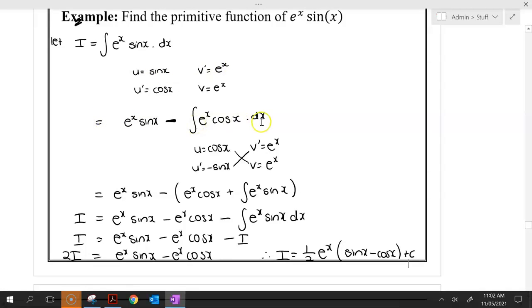So after I integrate by parts, I repeat the process. Since I chose v dash as e to the x, do that again. Don't mix it up. Go again. Now I've got the original integral. Pop it over the other side. Two of the integrals make this. So one of the integral is a half of that.